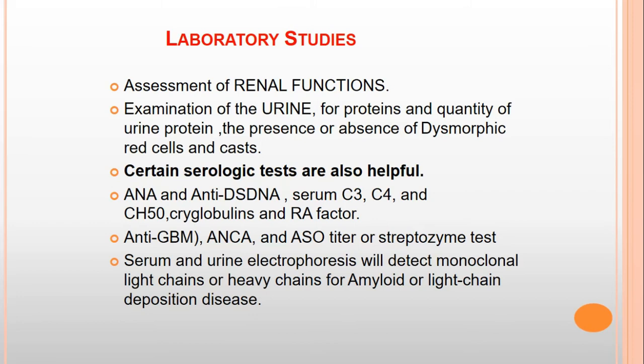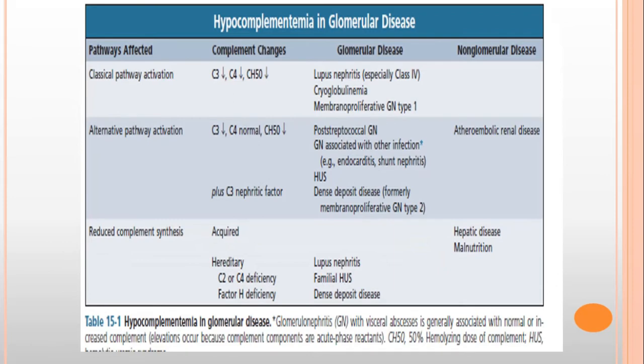Serum and urine electrophoresis will detect monoclonal light chains or heavy chains for amyloid or light chain deposition diseases. This is the overview of all the investigations indicated to diagnose what the lesion can be. Okay.